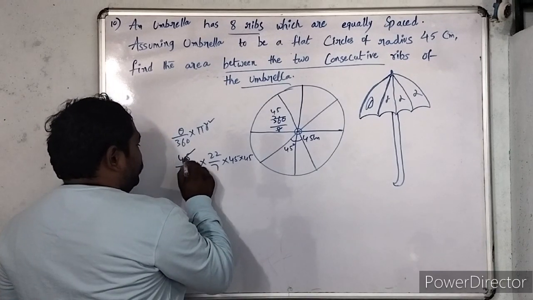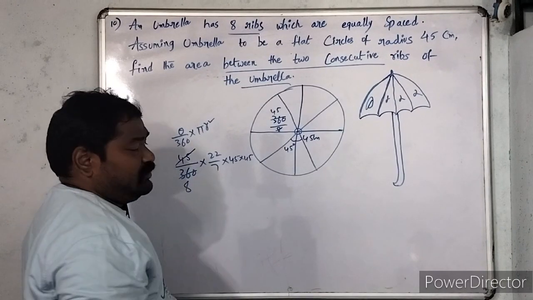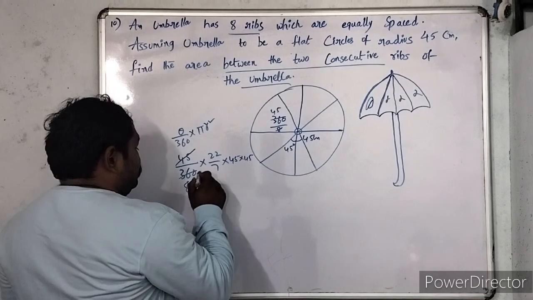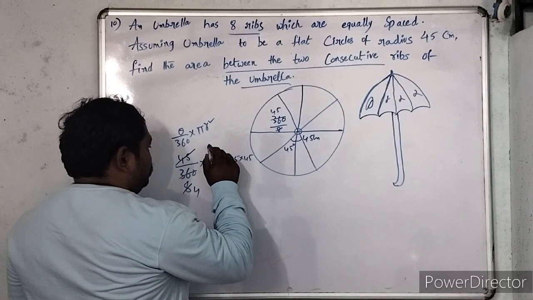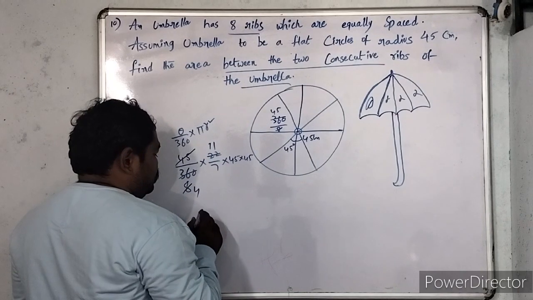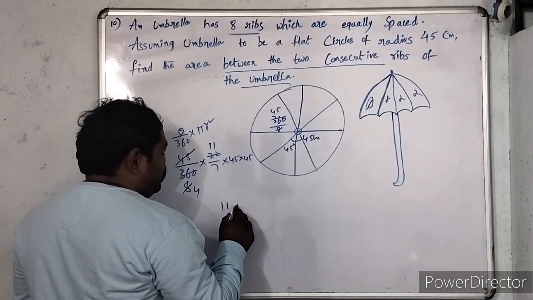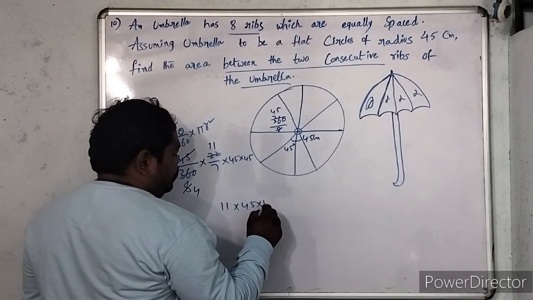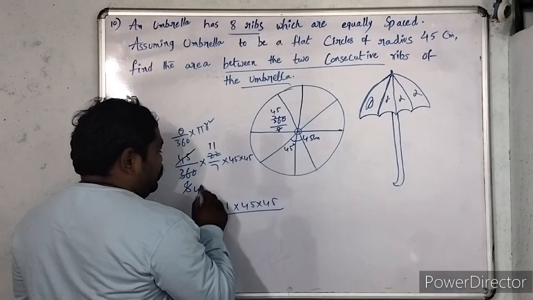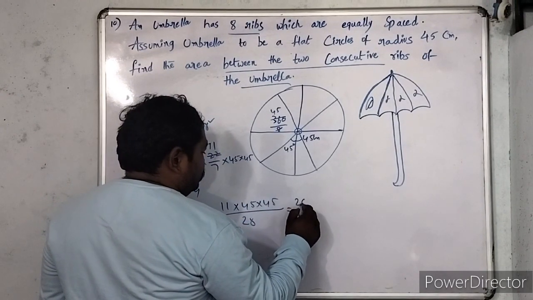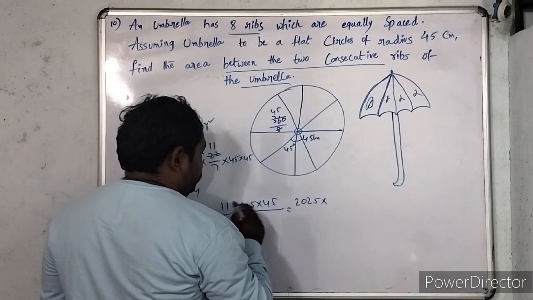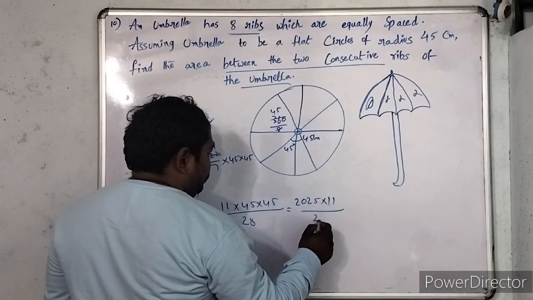On calculation, 45 eights are 360. Therefore 2 fours are 8, 2 elevens are 22. Therefore on the numerator we have 11 into 45 into 45 divided by 4 sevens are 28. 45 into 45 is 2025, 2025 into 11 divided by 28.